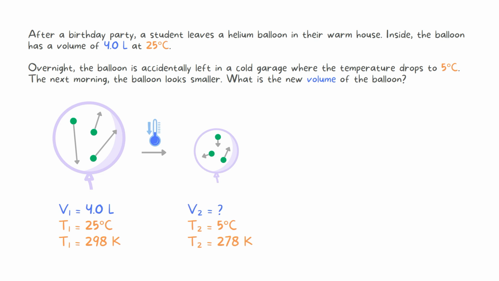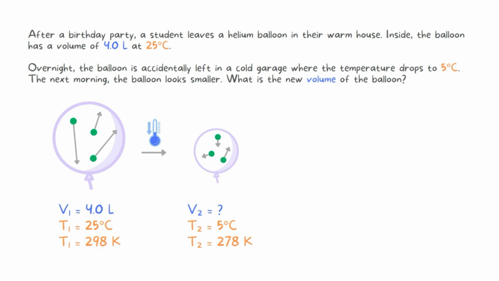So we're cooling this balloon down to 5 degrees Celsius, which is converted to 278 kelvins, and you can see that the balloon gets smaller. So as you're cooling down the balloon, the particles are moving slower, and they're hitting the inside walls of the container with less energy, which makes the volume decrease. This is a direct relationship.